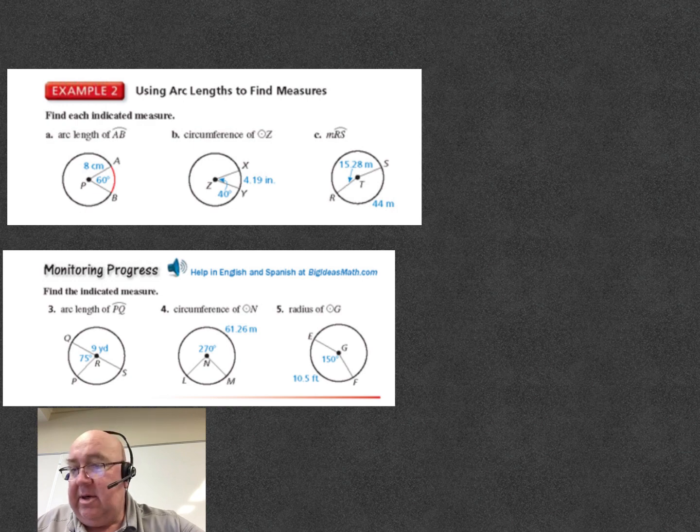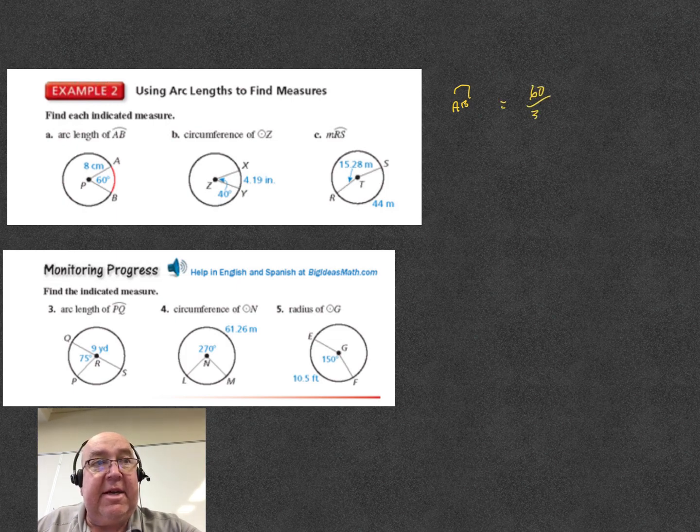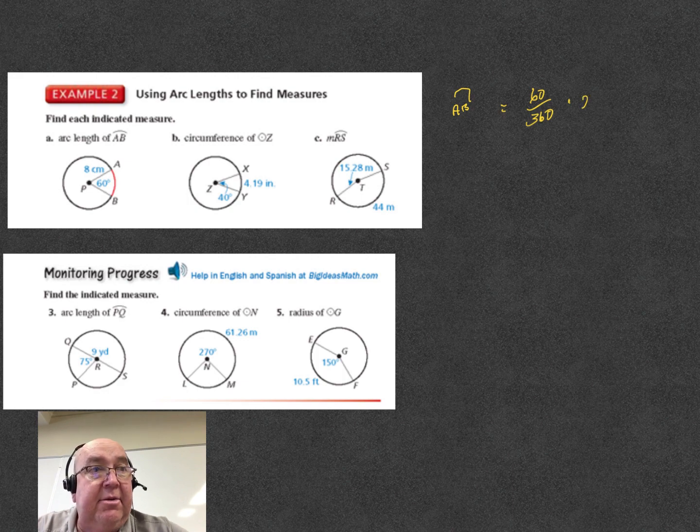We want to find the arc length of AB. So AB is going to be equal to 60 over 360, because we have that measure of the angle, and multiply that by 2 times pi times the radius of 8, and we get AB is about 8.38 centimeters.